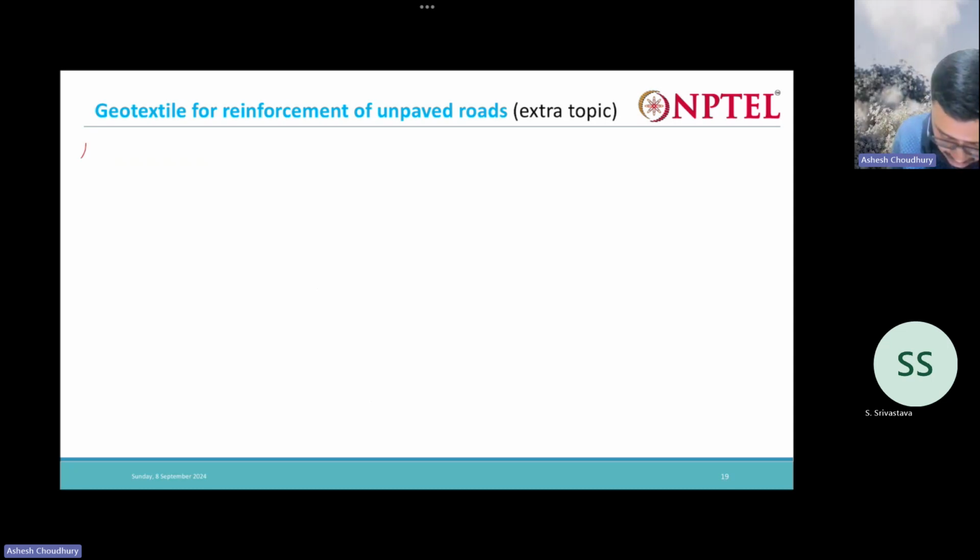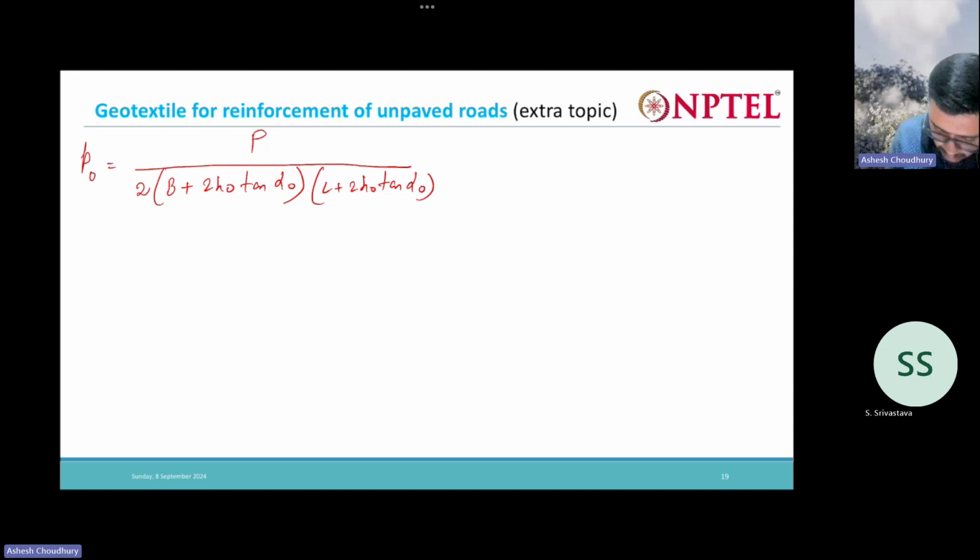All right. So first, let me write P naught. What is P naught? P naught is nothing but the wheel load, the total load coming, divided by twice beta plus twice H naught, plus gamma into H naught, equation 1.